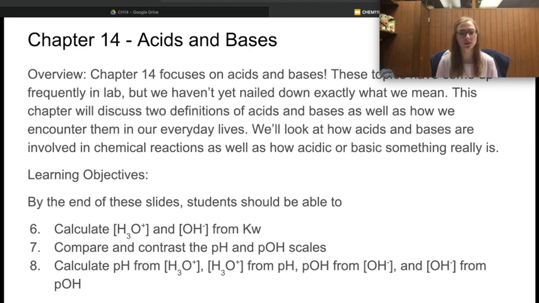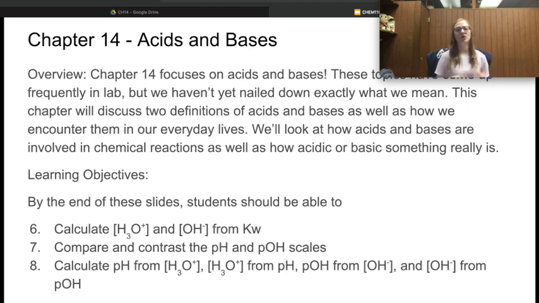Here we're going to talk just a little bit about how to calculate concentrations of these H3O+ hydronium ions and OH- hydroxide ions in solution, the things that are going to make it acidic or basic. From there, we're going to talk about scales that we use to measure the amount of those ions, like pH and pOH.